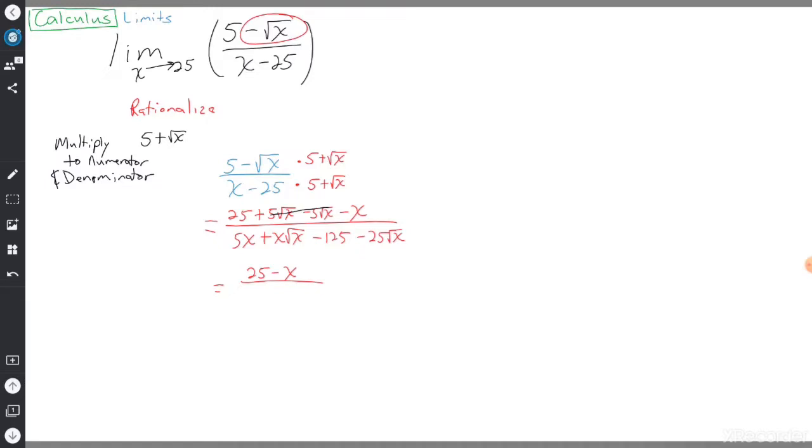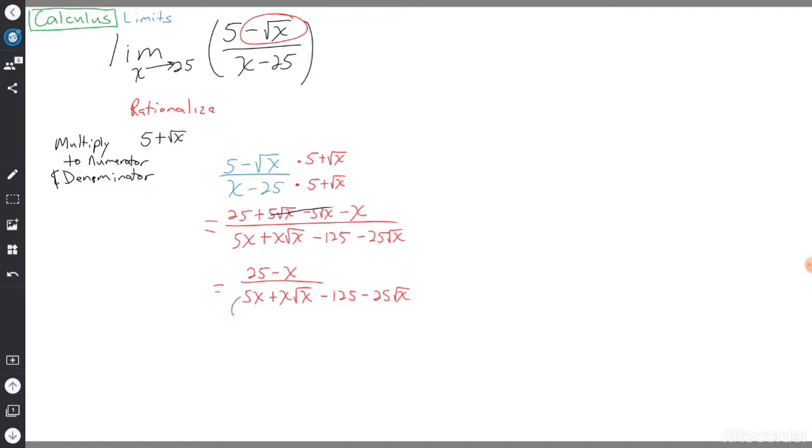Looking at the bottom part, we have 5x plus x square root of x minus 125 minus 25 square root of x.